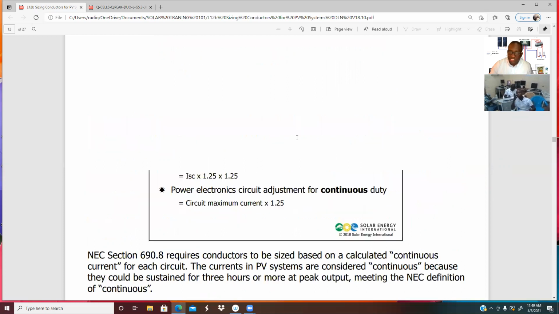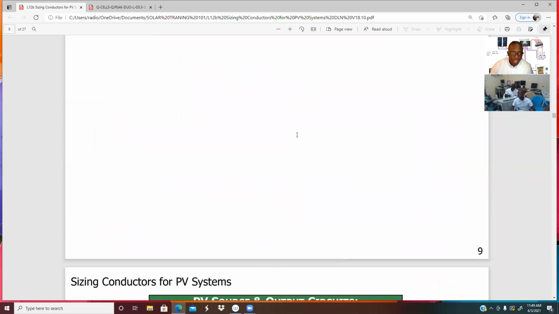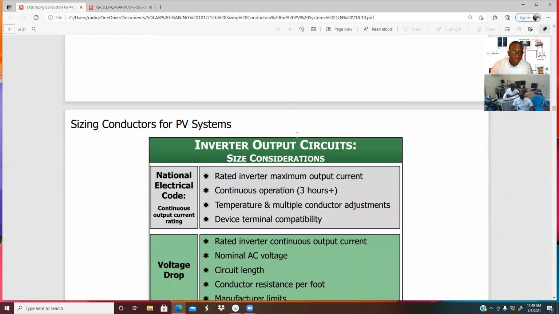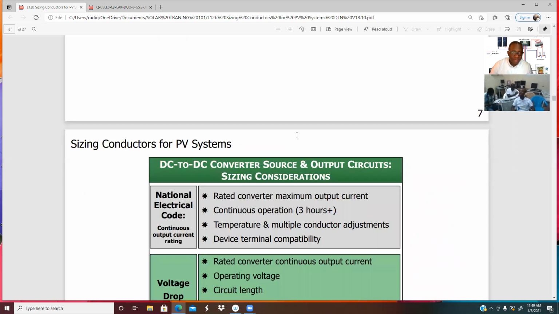We were discussing the irradiance factors here, let me go back to the page.